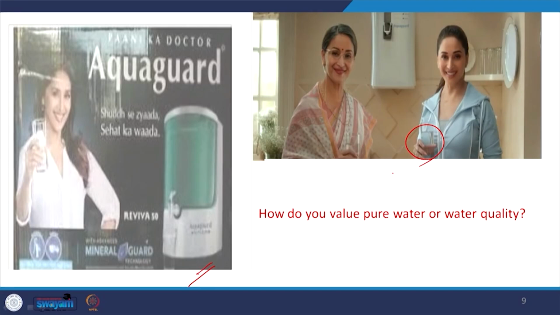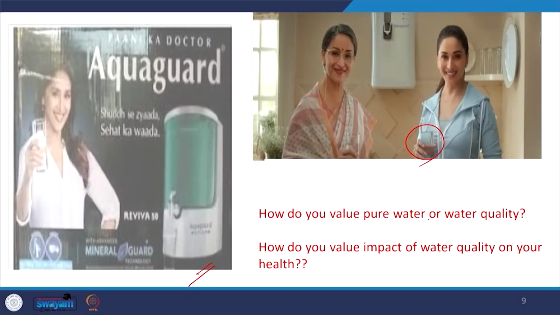The first question can be, how do you value pure water or water quality? If you really value pure water, or you are really concerned about water quality and it will impact your health or your family's health, then you will seek some mechanism, some instrument, in the form of these Aquaguards.